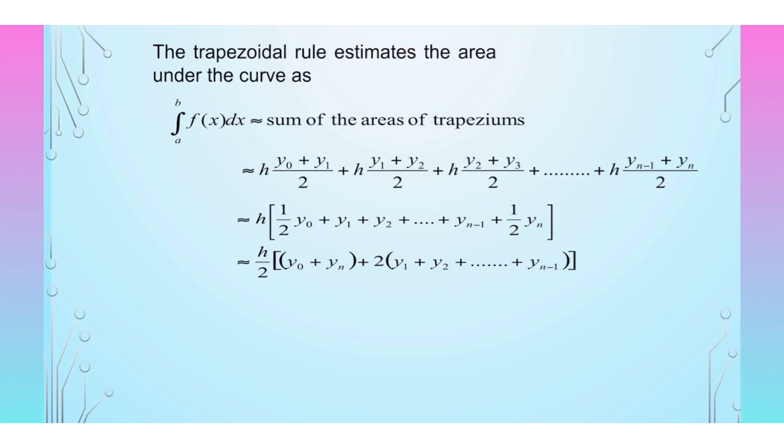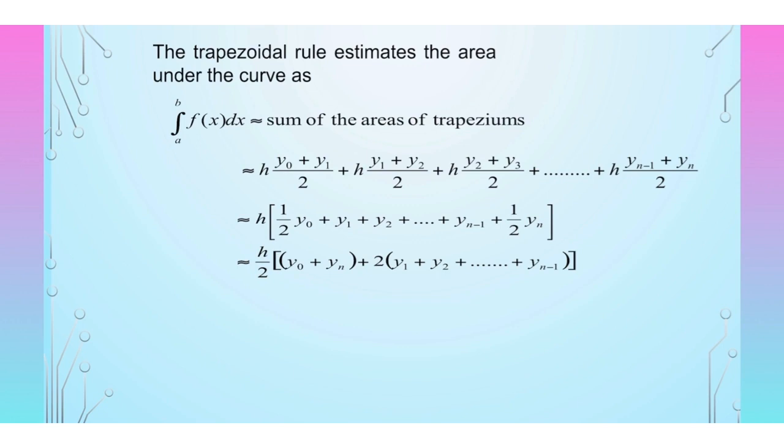The terms which consist of a half are half y0 and also half yn. So it will become half of y0 plus yn. All those values between y0 and yn have no half, so we should times 2 there to make it 1, 1, and so on, because we factorized h over 2.